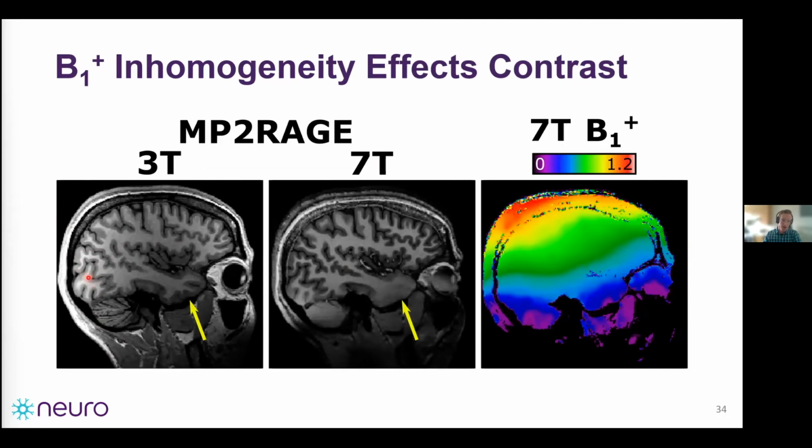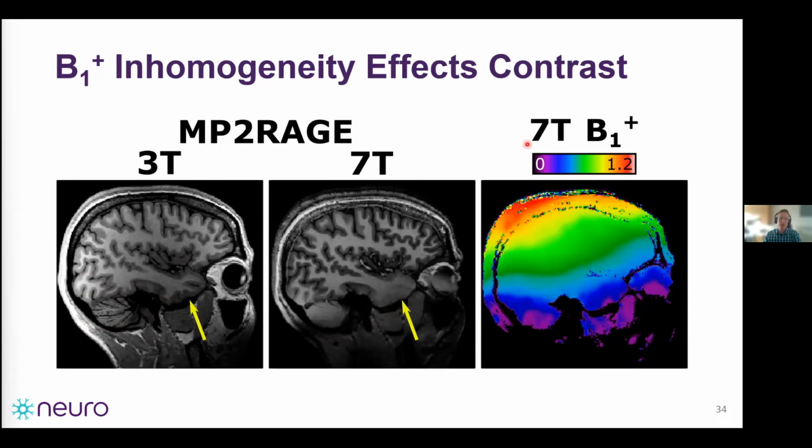But what we are interested in is strong gray matter, white matter contrast, which we see throughout the image at 3T, especially in the temporal lobe and the cerebellum. At 7T, really where I indicated with this arrow, in the temporal cortex and even in the cerebellum, you just lose the contrast between gray matter and white matter.